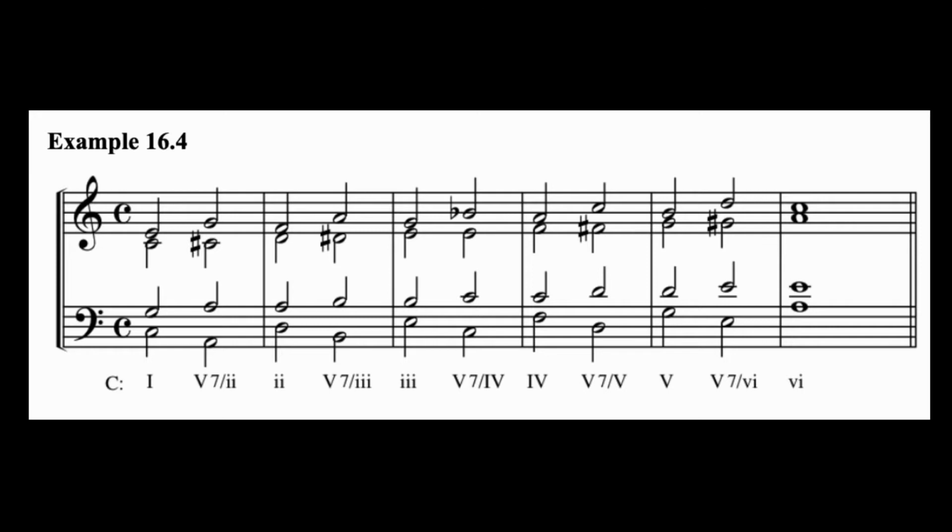This example presents a sequence of secondary dominants that lead to each major and minor diatonic triad in the key of C. Notice that for each secondary dominant, the 7th scale degree has been resolved stepwise downward.